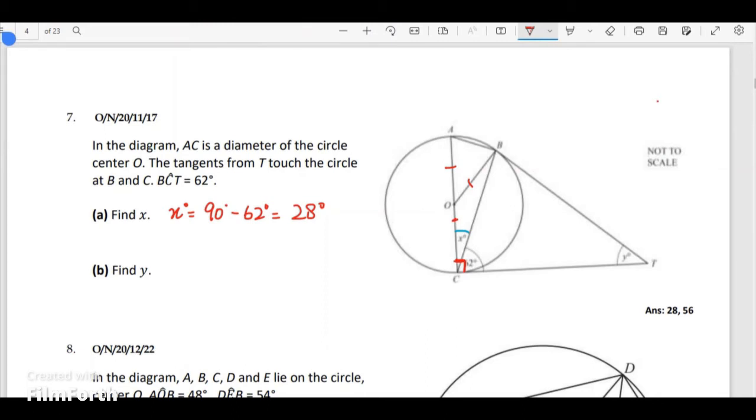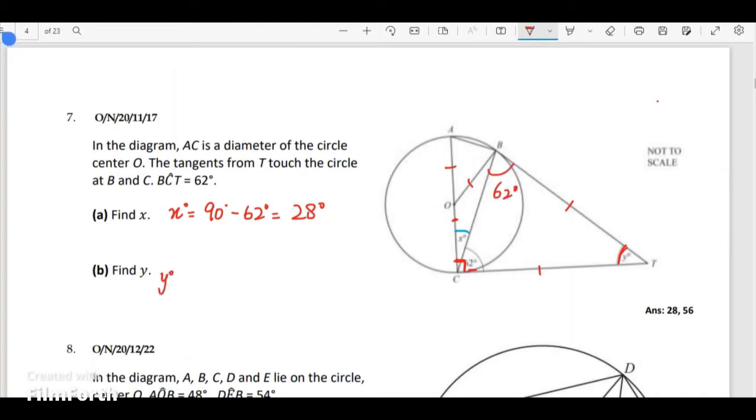All right, after that we have to find y degrees, which is here. If this is 62 degrees, because this makes an isosceles triangle, this would be 62 degrees as well.